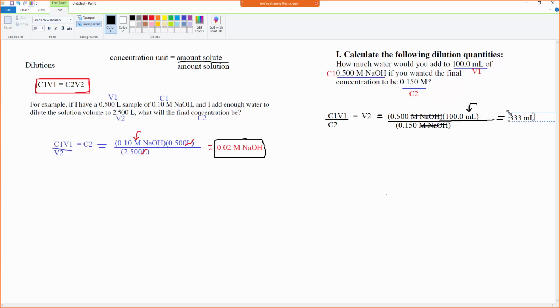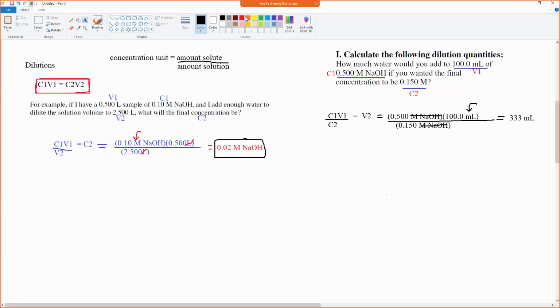Now, this is where everybody loses points, because this is the correct final volume right here, but it is not in fact the final answer, because they did not ask what the final volume would be. This is where I say, watch the wording of the question very carefully. What do they actually want to know?